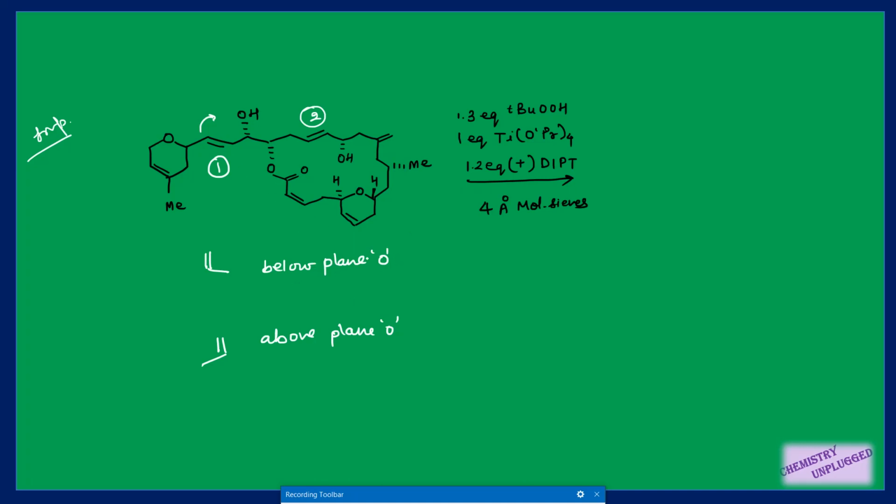Because the attachment site of oxygen and this alkyl group, this cyclic chain, is the same, it can cause hindrance to the attachment of this oxygen. So this allylic alcohol is called unmatched, while for this one the attachment side of oxygen is above the plane, so this one is called matched, right. So only this one will participate, this one will not. Only epoxidation of this allylic alcohol will take place, and on the above-the-plane side, right. So this is very important.